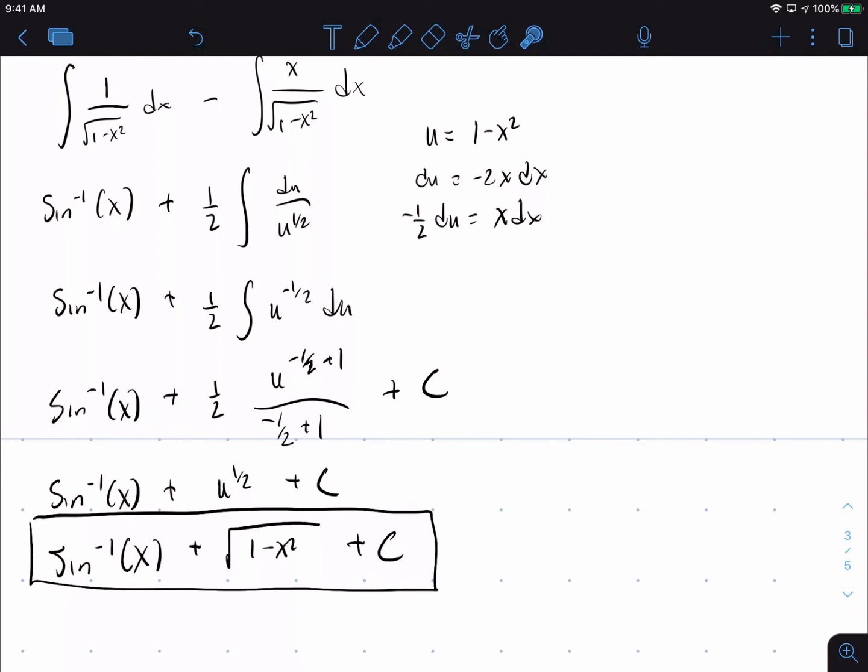So what happened was, in the denominator, the negative 1/2 plus 1 became 1/2. And then on top, the exponent became 1/2 as well. So the 1/2 just canceled out with the denominator, which gave us that u to the power 1/2, right? That's it, yeah. Because when you have a fraction in the denominator, it's multiplied by the reciprocal. That becomes a 2, and the 1/2 times the 2 becomes a 1.